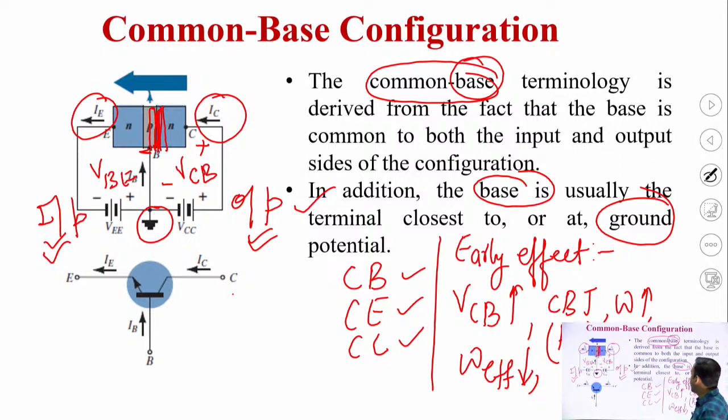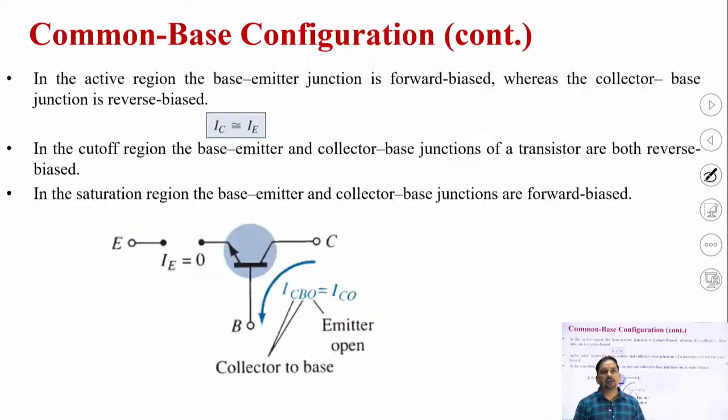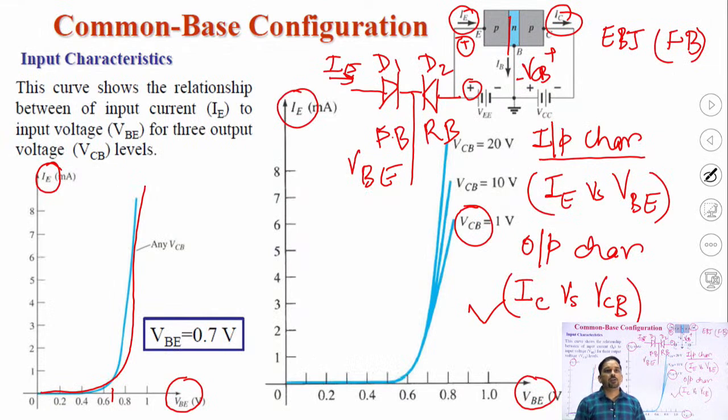This effect is called the early effect, and it was given by a scientist called James Early. He basically elaborated this effect. So we are going to utilize this early effect in the input characteristics of the common base configuration.